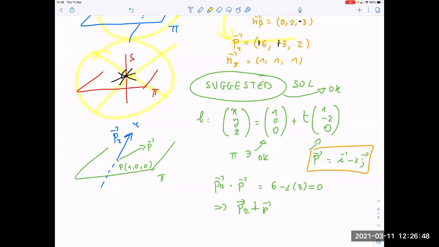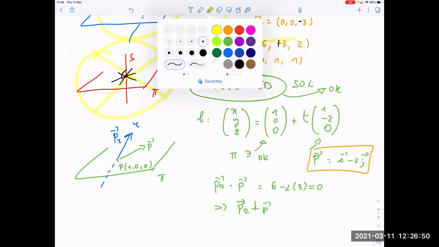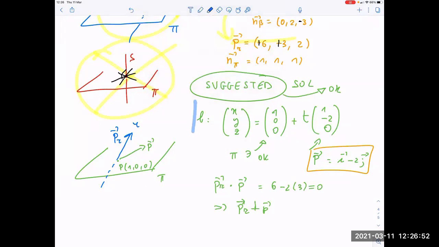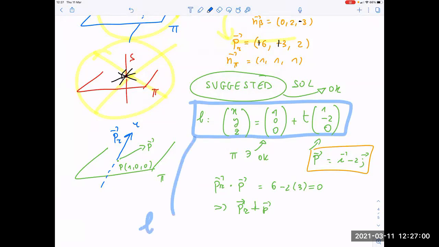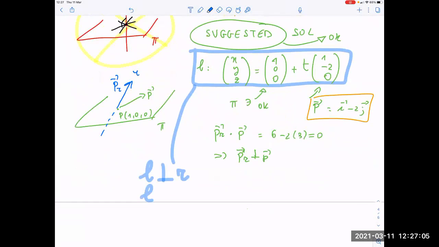So this means that the line that some of you computed, this line L here, is actually a line orthogonal to R, and we check it is orthogonal to R, yep.